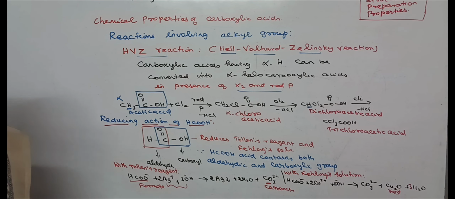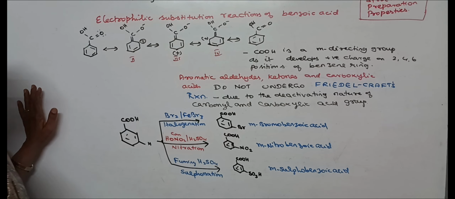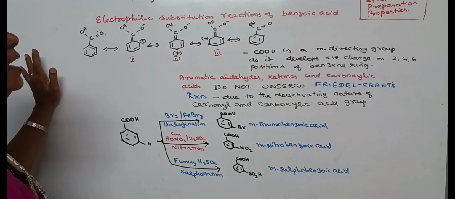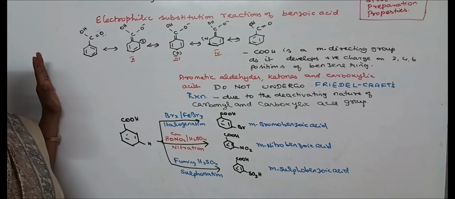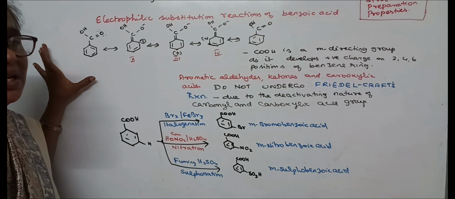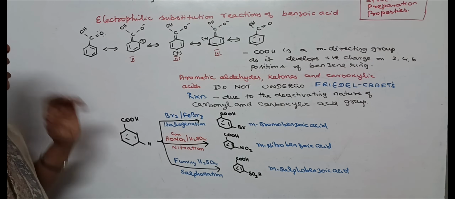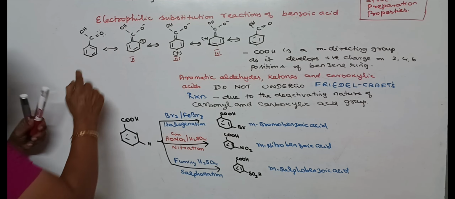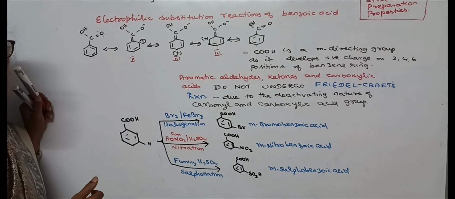That's all the chemical properties of carboxylic acids. Electrophilic substitution reactions of benzoic acid. Just like aldehydes and ketones, carboxylic acid also deactivates the benzene ring towards the electrophilic substitution reaction, because we know the carbon-carbon bond directly attached between the benzene ring and the carboxyl group has no difference in electronegativity.